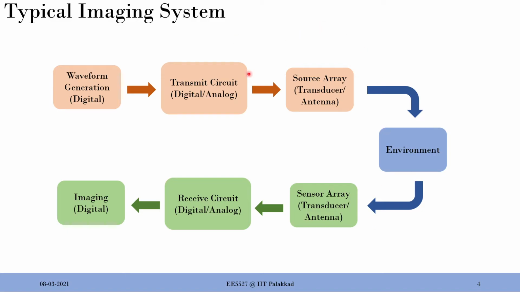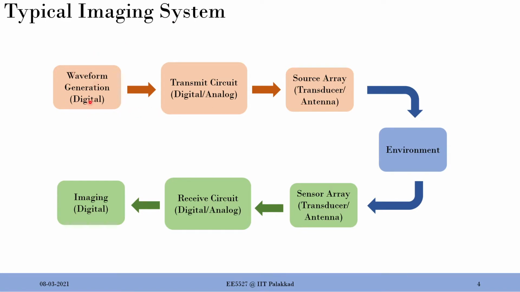So let's briefly go through what exactly is happening here. This is actually the typical structure of a current imaging system, because old imaging systems were mostly dominated by analog circuits, but nowadays we do most of the things in software with very minimal analog. So this is the modern day imaging system, and let's go through this in detail.